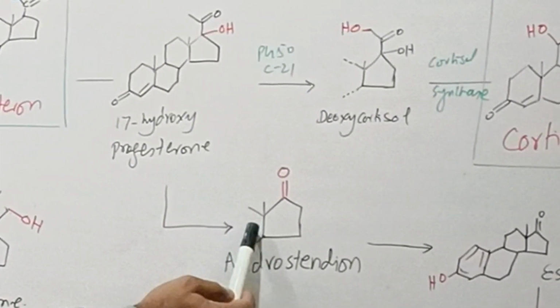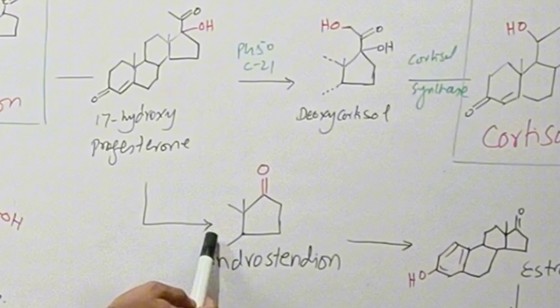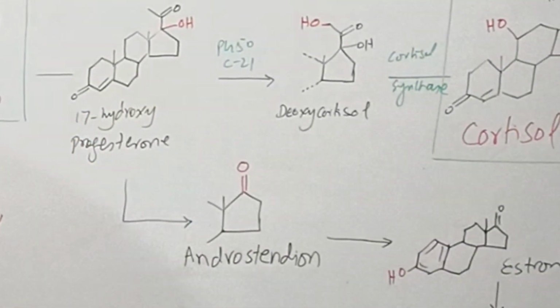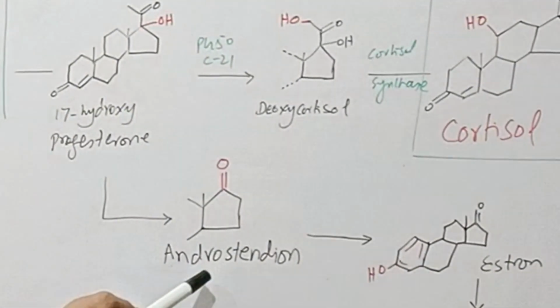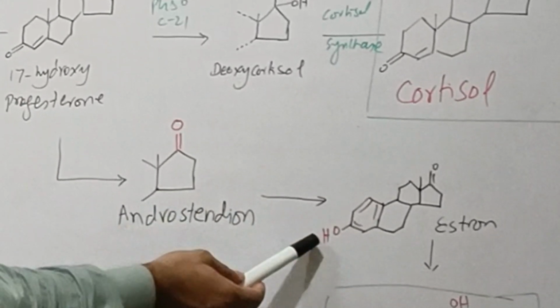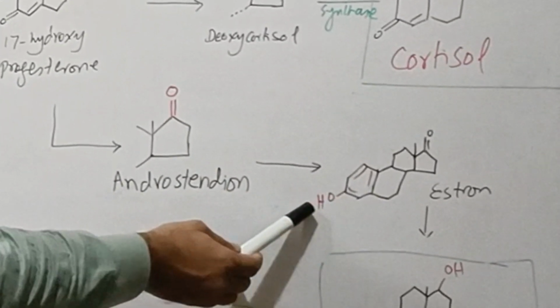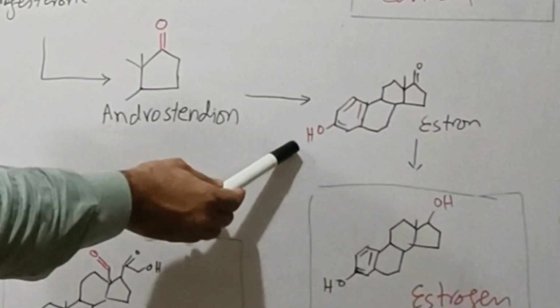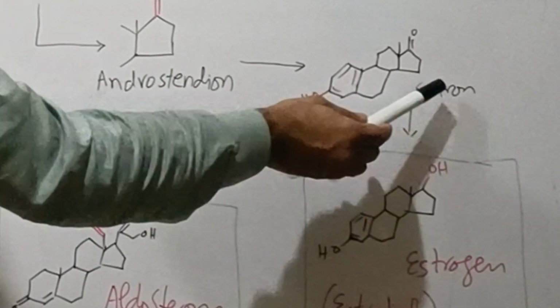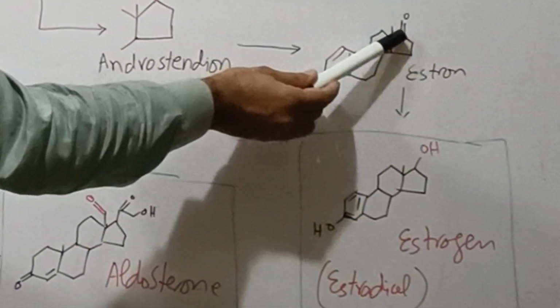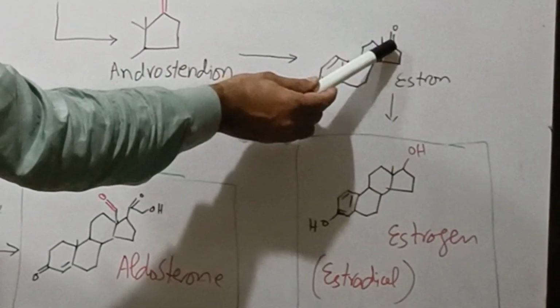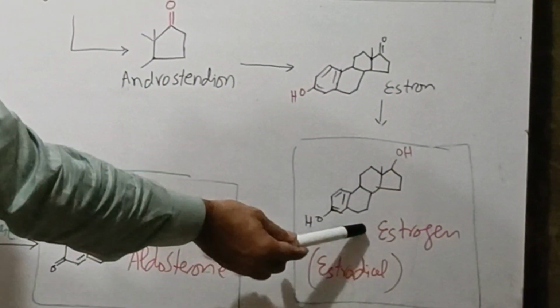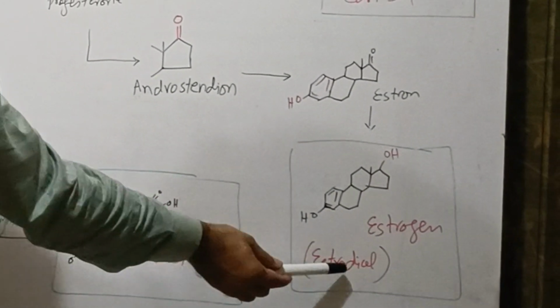The rest of the structure attached with this 5 carbon ring is the same as this. This androstenedione undergoes hydroxylation and aromatization of the first ring of the steroidal nucleus as highlighted by the red pointer and we get estrone. This estrone undergoes reduction at this carbonyl carbon and ultimately we get estrogen or estradiol.